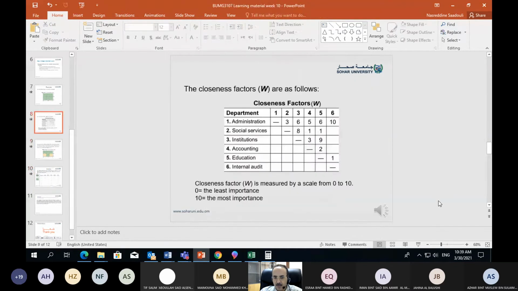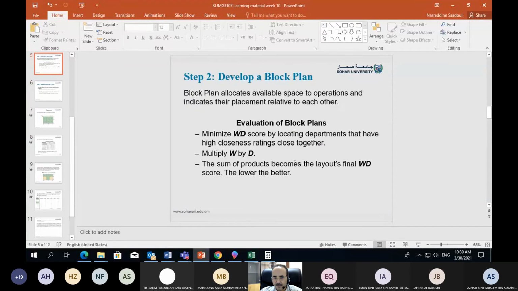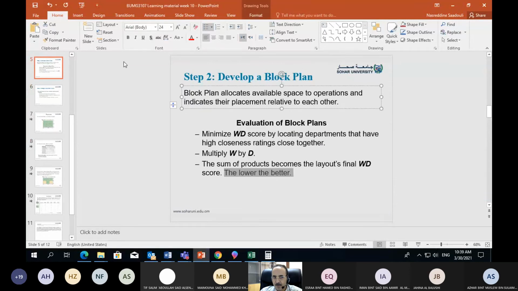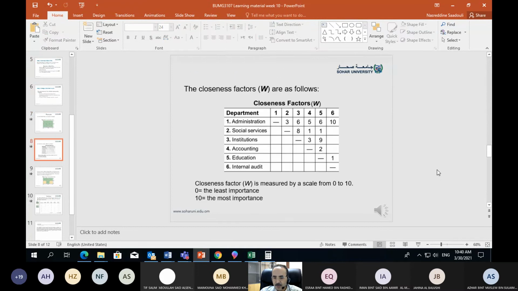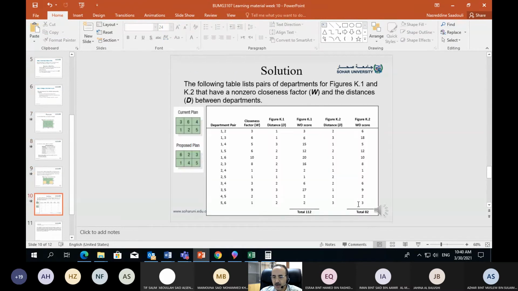The rule is, as it says here, the lower, the better. So we choose the plan that gives us the lower total score, which, as you can see here, is the proposed plan. It's 82 versus a score of 112 for the current plan.